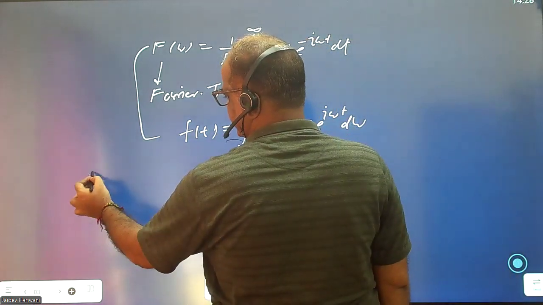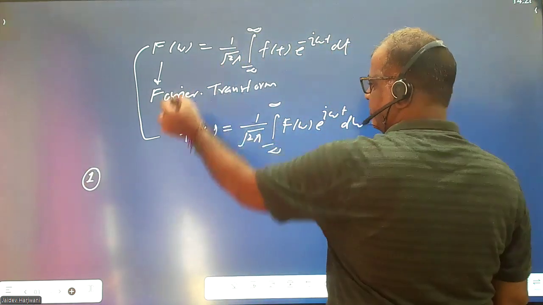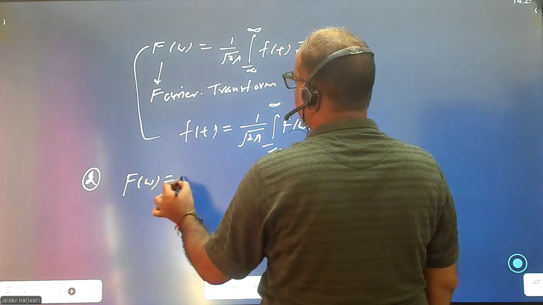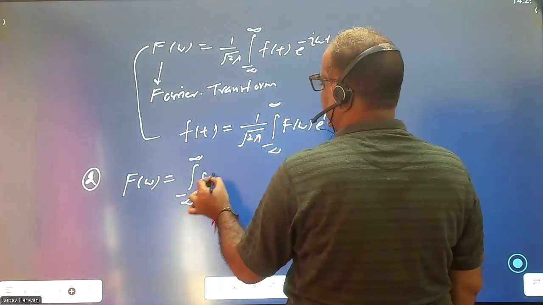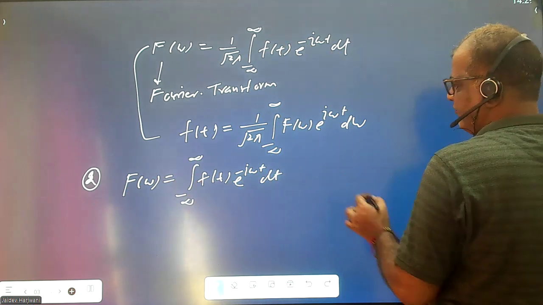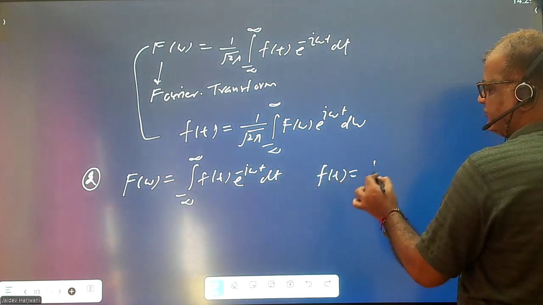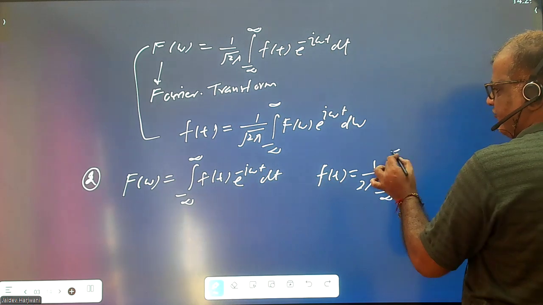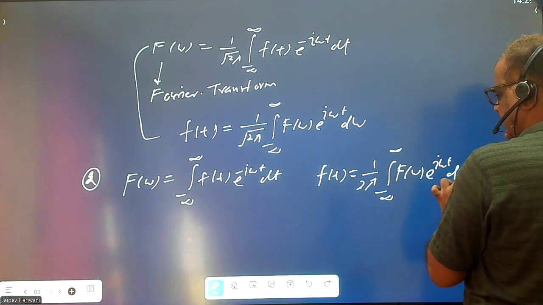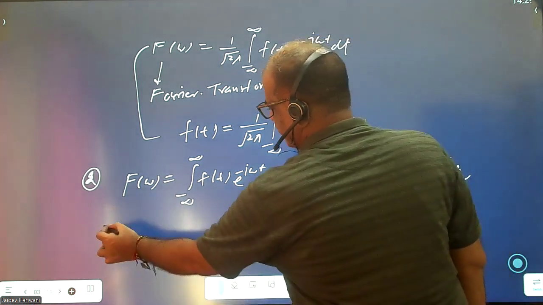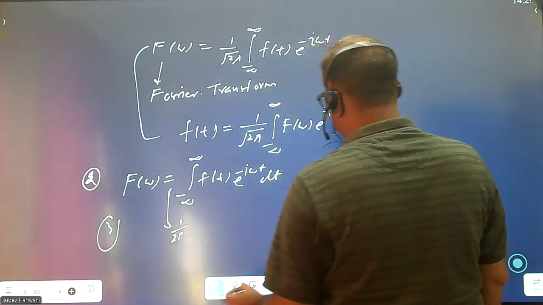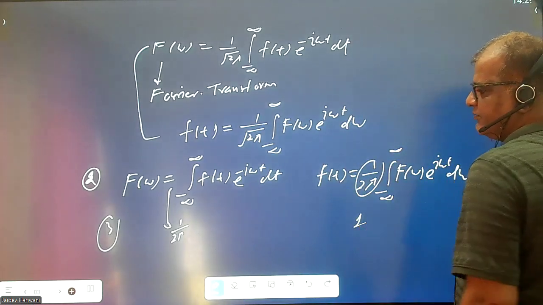One approach, you can define F(omega) simply as the integral from minus infinity to infinity of f(t) e power minus i omega t dt, and you can define f(t) as 1 upon 2 pi, the integral of F(omega) e power i omega t d omega. Sometimes, in a third approach, you put 1 upon root 2 pi in both, or you can make the coefficient 1.